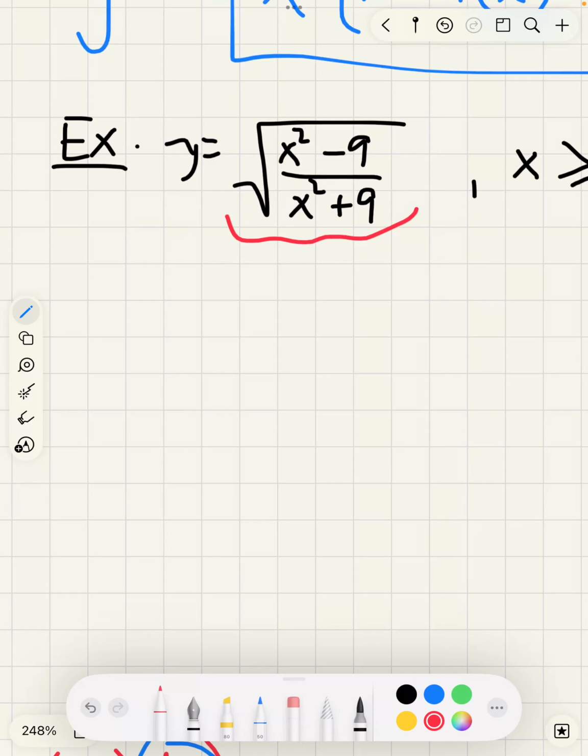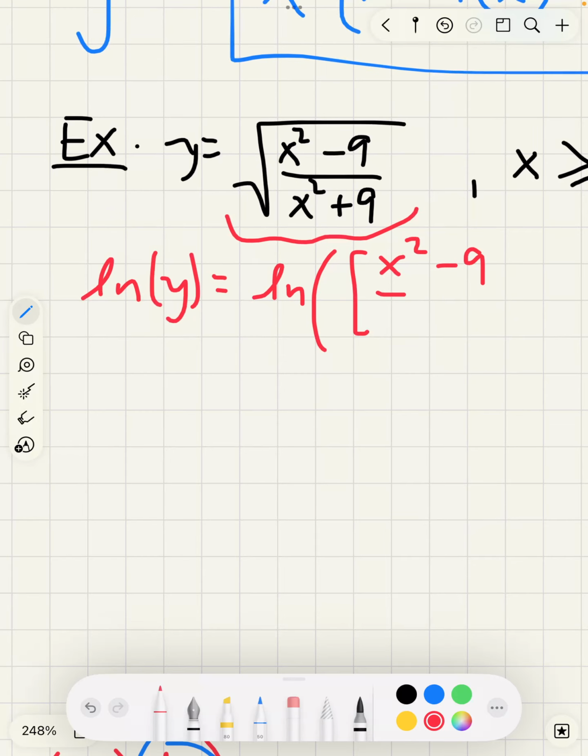So if I take the natural log of both sides, we get the natural log of y is equal to the natural log of, and I'm going to go ahead and write my square root as a power. So this is the natural log of that square root thing, which I'm going to write as x squared minus 9, divided by x squared plus 9, all to the power 1/2.